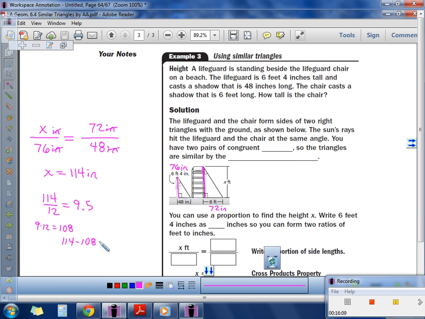We knew that went in evenly. We were left with 6 inches left over. So we had 9 foot, 6 inches remaining. So 9 feet, 6 inches is our height on that chair. And in architecture, a lot of times, construction, they'll say 9 foot, 6 inches. That'll be how they write it.